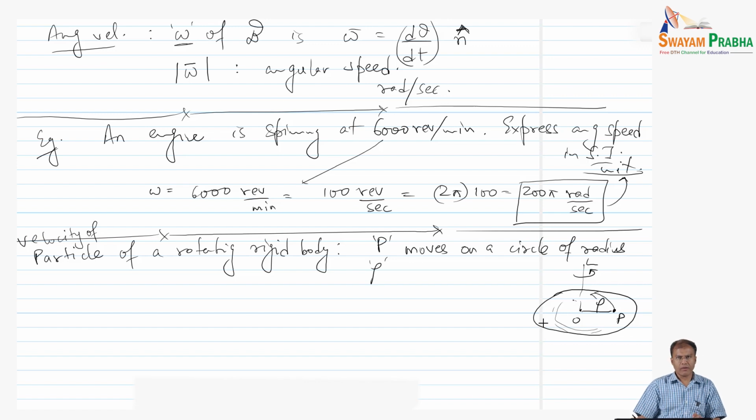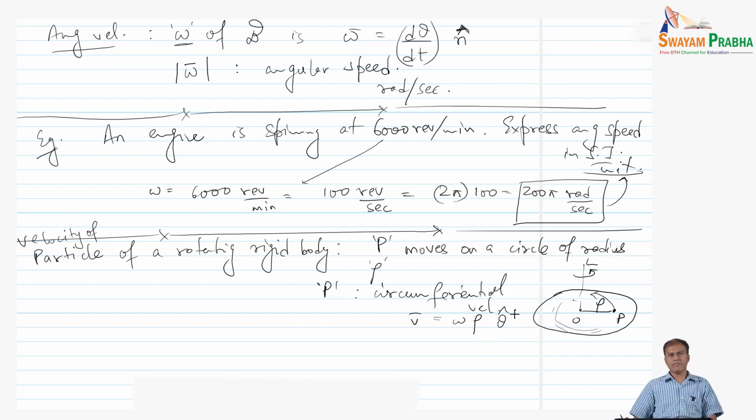The body can be anything, but all I care about is how the particle is moving, which is a circular motion. So the particle P will have a circumferential velocity given by v equal to rho omega, right? And it acts along the theta direction.